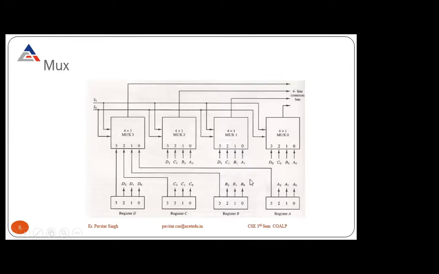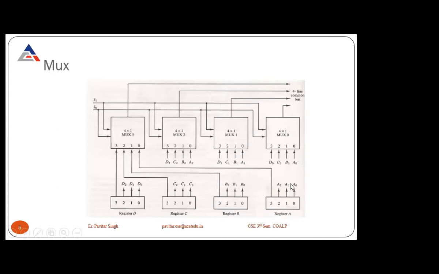To reduce the complexity, I have attached only the one complete value, that is A3, B3, C3 and D3. I have reduced the complexity by attaching only the third input to the muxes, right? Otherwise, your diagram will be complicated.